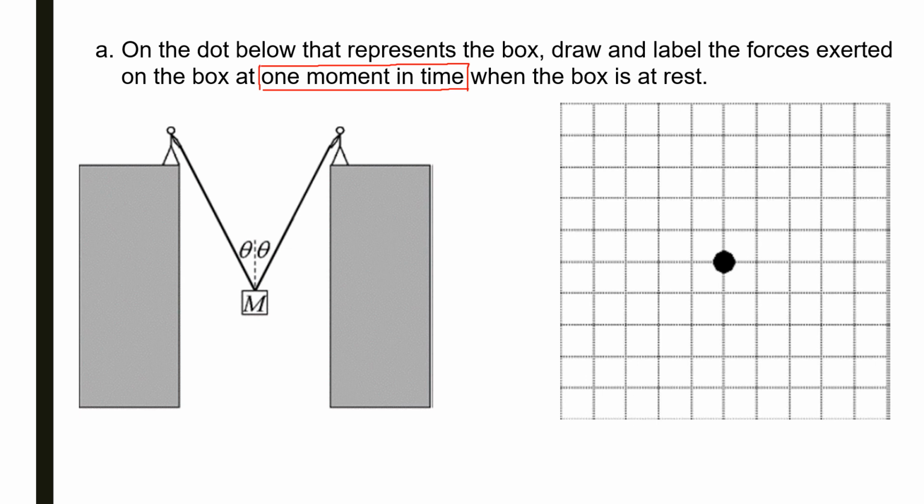So let's draw the free body diagram on the dot. Since we don't know what to call the person on the left side and the person on the right side, let's just assume that the person on the left is person number 1 and the person on the right is person number 2.